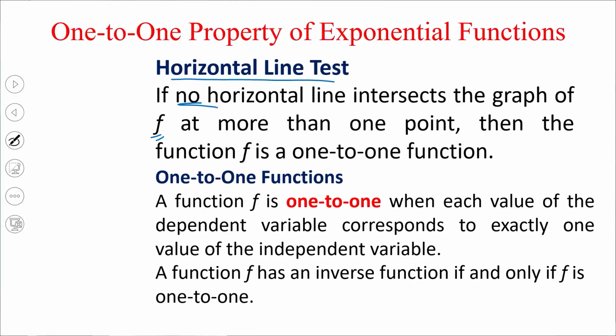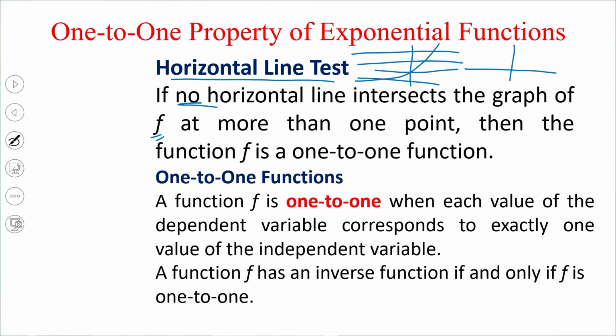For example, if you have a graph like this, that kind of graph cannot be crossed by a horizontal line more than once. No horizontal line crosses this graph in more than one point.